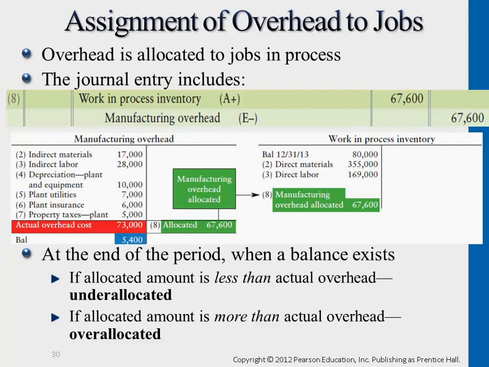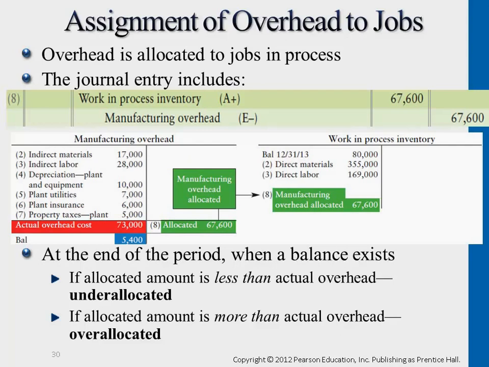Okay? So we assign a portion based on the predetermined rate that we calculated at the beginning of the period. As orders happen, we assign a portion to work in process, and the journal entry to assign it would be reducing manufacturing overhead and increasing work in process.